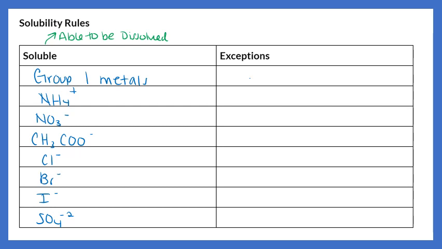Alkali metals are always soluble. NH4 is always soluble. NO3 is always soluble. Acetate is always soluble.